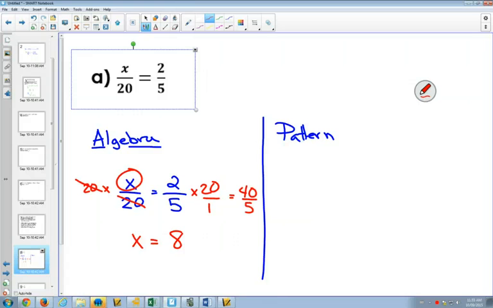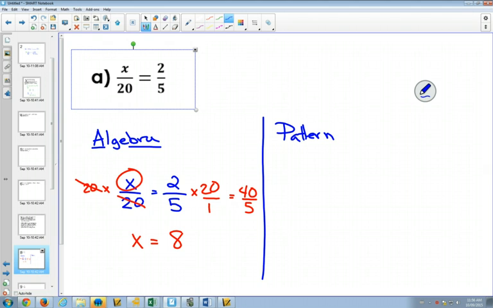I'm left with the fraction 40 divided by 5, which is an improper fraction. But if I type 40 divided by 5 into my calculator, I'm going to get 8. So the algebra method will often use your calculator. Once you've multiplied both sides by 20, you'd type it into your calculator and you would get the answer.